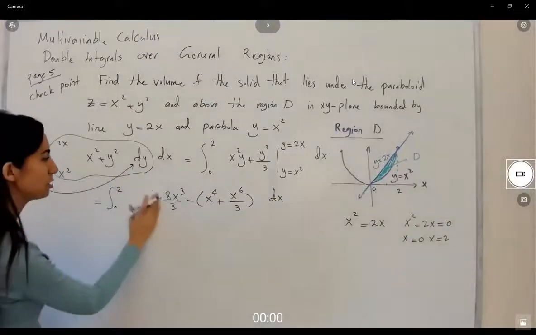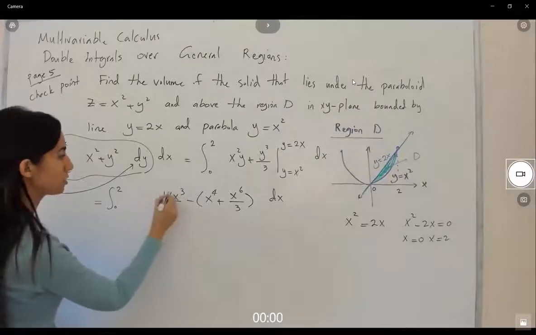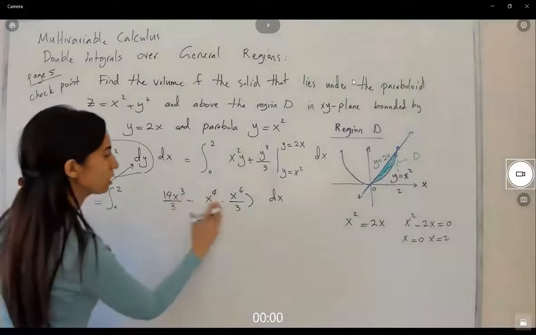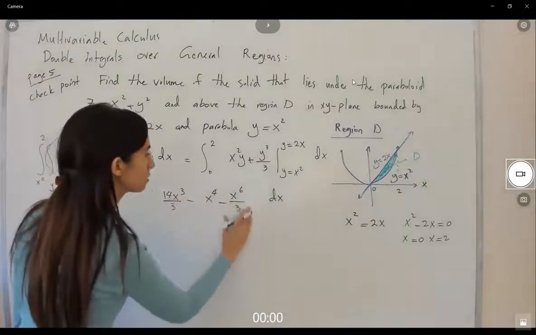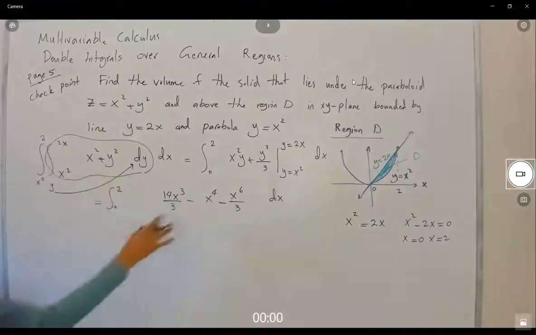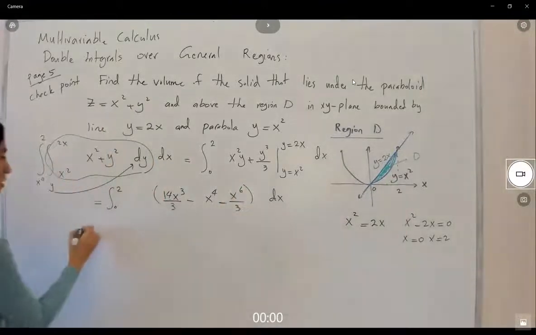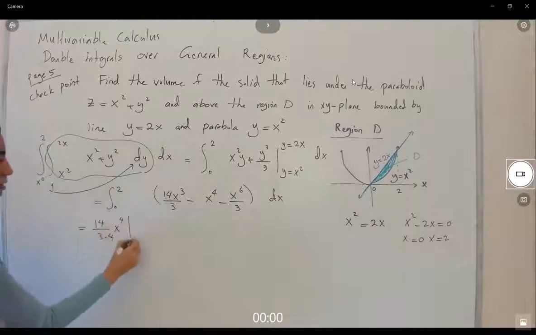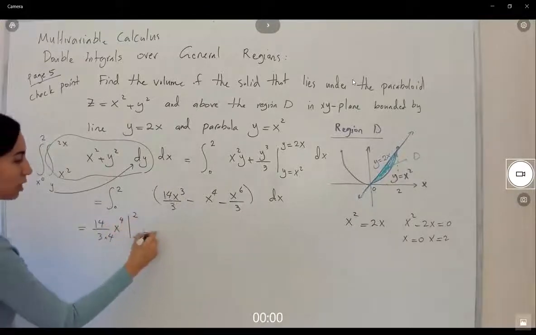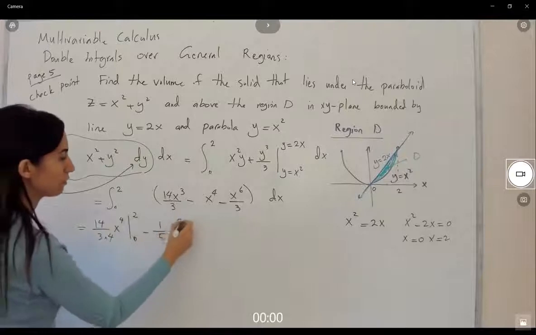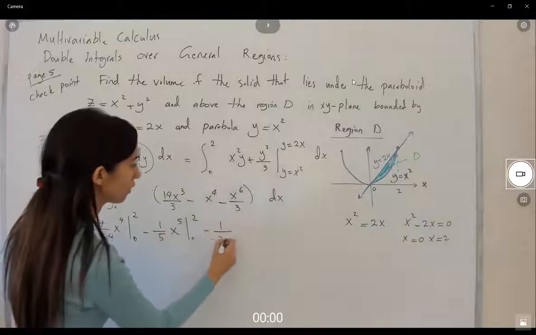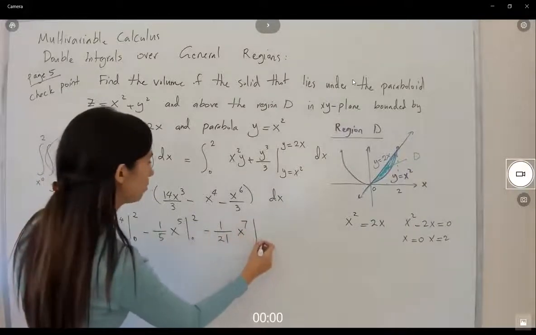I get 14x cubed divided by 3, and here I have minus x to the 4th minus x to the 6th divided by 3. There we go. So this integral is equal to 14 divided by 3 times 4, x to the 4th, 0 to 2, minus 1/5 x to the 5th, 0 to 2, minus 1/21 x to the 7th, from 0 to 2.